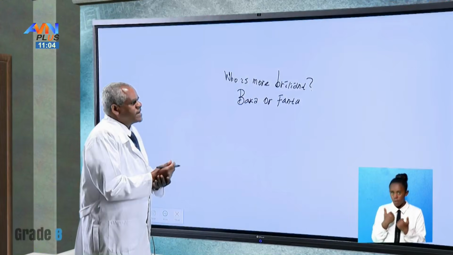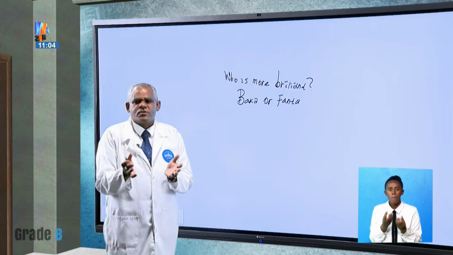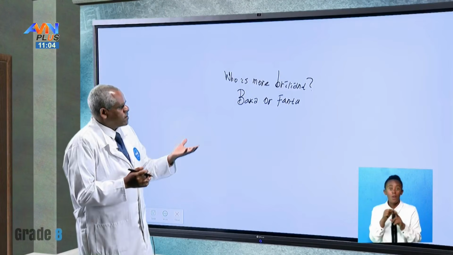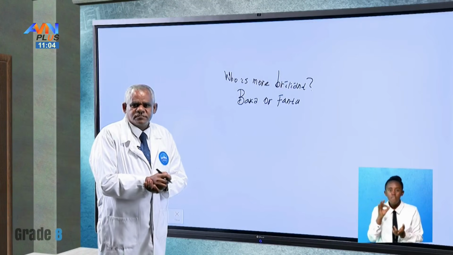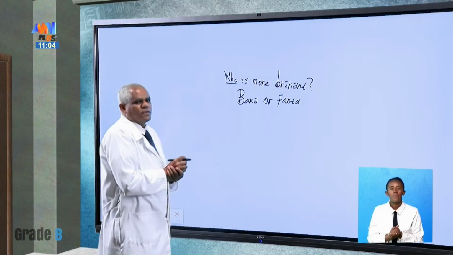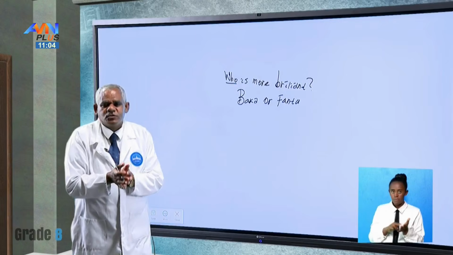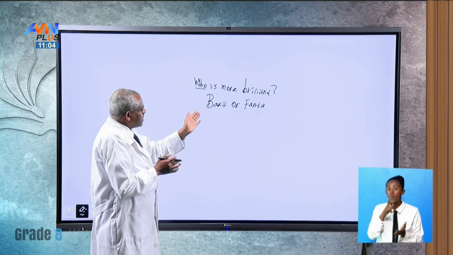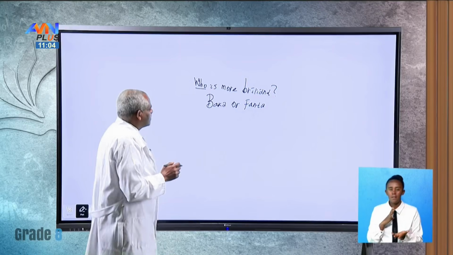Brilliant is an adjective which has more than two syllables. We are comparing two people, Becca and Fantu. Who is a question word which refers to a person. That's why I give you this example, Becca and Fantu.